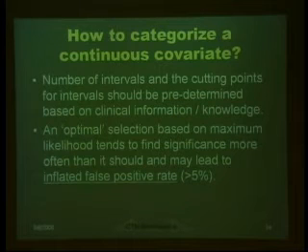Sometimes people think you can let the model do it: please select the cutting points based on the statistical models. We can do that statistically. There's an optimal model selection procedure to select the cutting point based on the maximum likelihood. But remember that this kind of method tends to find significance more than it should be.